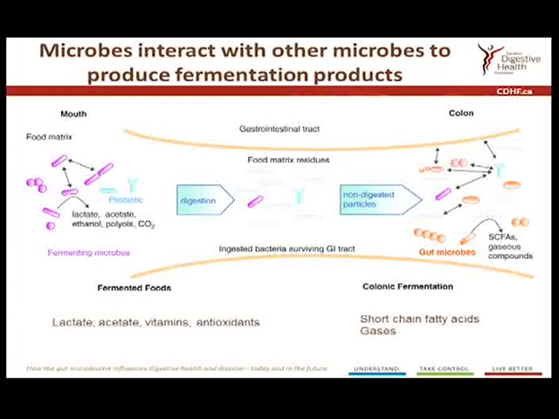So microbes, food, you eat food products, we all know that. And they enter into your gut, and they're going to encounter some bacteria in your upper GI tract. And they're going to do a little digestion happening up here. And they're going to move down, they're going to release some products. And then they're going to come into the colon, the undigested products.